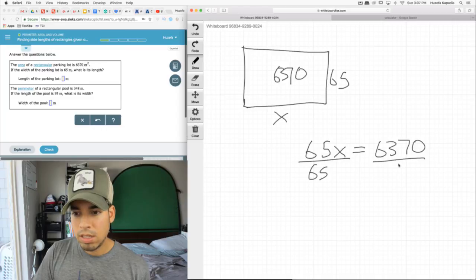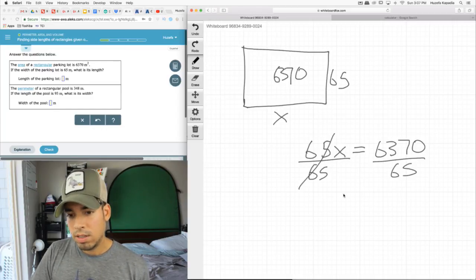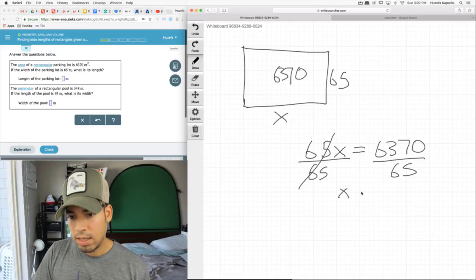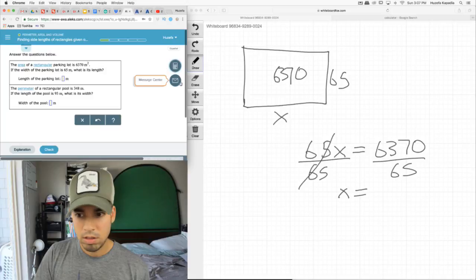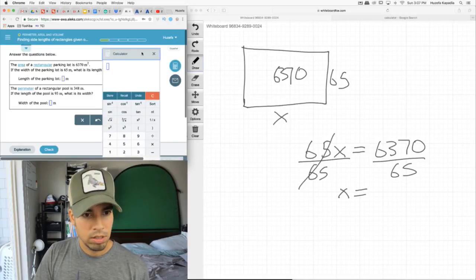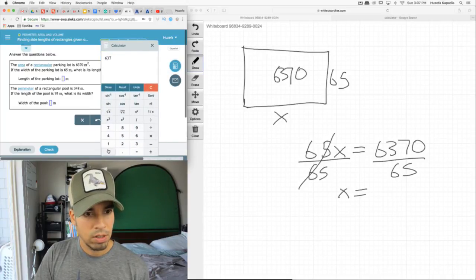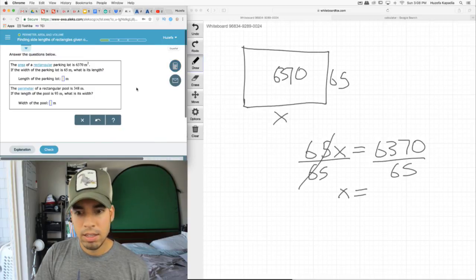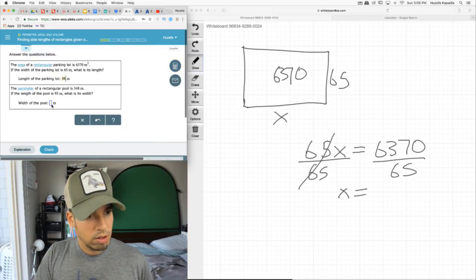Isolate by dividing both sides by 65. Let's see if I can do it in my head. I can't. I think it's 98. I want to guess. 6370 divided by 65 equals 98. That's what I thought.